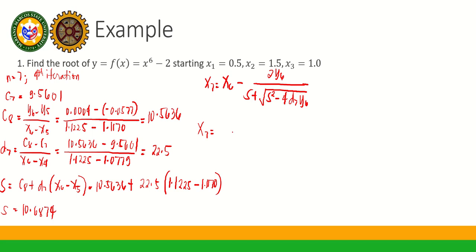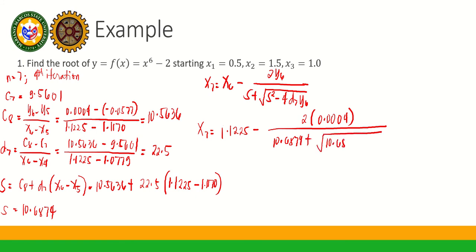That will be equal to x sub 6 natin is 1.1225 minus 2 times y sub 6 natin, that is 0.0004 multiplied by our s, that is 10.6874, plus the square root of 10.6874 squared minus 4 times our D7, that is 22.5 multiplied by our y sub 6, that is 0.0004.